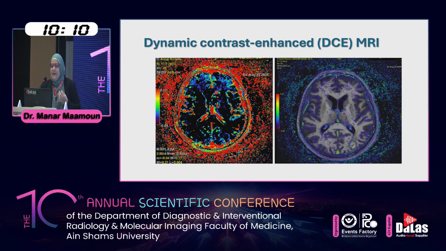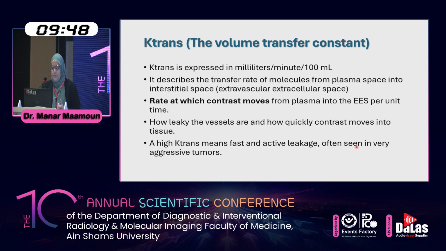This is an example of the K-trans map. We can perform a kind of fusion or overlay of anatomical or conventional imaging with the perfusion for better analysis and demonstration of the enhancement pattern with perfusion to the surgeon or the referring clinician.